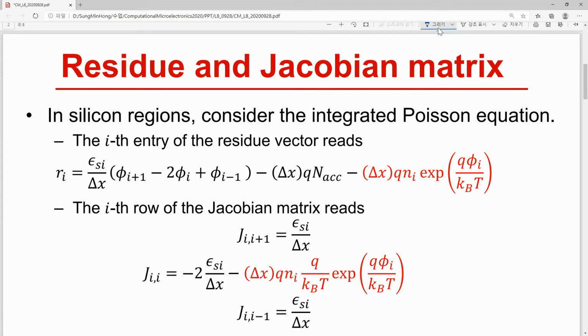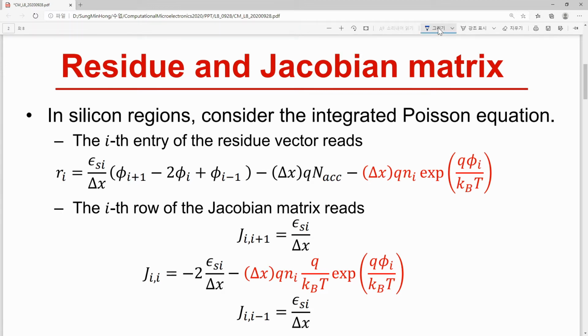Simply speaking, when we take the Jacobian matrix, here we have the black colored part, which is obtained from our previous implementation, and this newly introduced electron contribution written in red, and it contributes to the J i, i component. And since we have just an exponential term, it gives q over kBT in front of it, and that's it for all this evaluation.